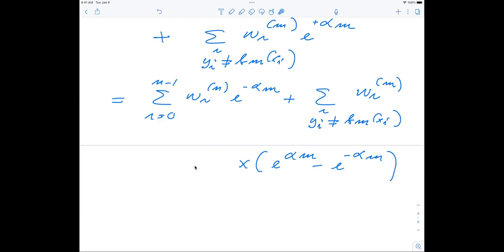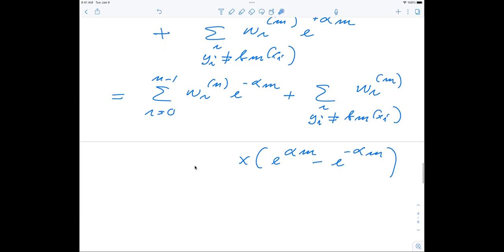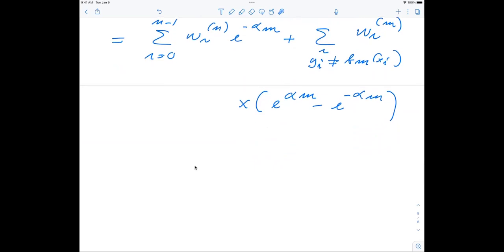Okay, so what we did before the break was actually to set up the equations for this error. And what we're going to do now is simply to calculate the derivatives of the error with respect to these parameters alpha m, and that's going to give us the expression for the parameters alpha m.